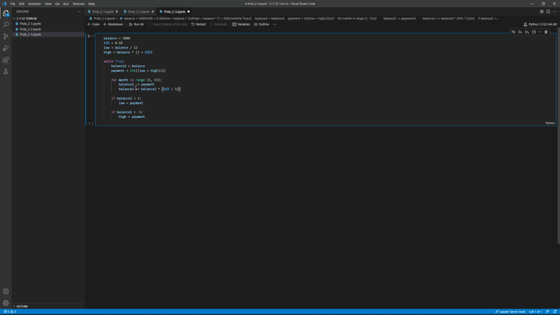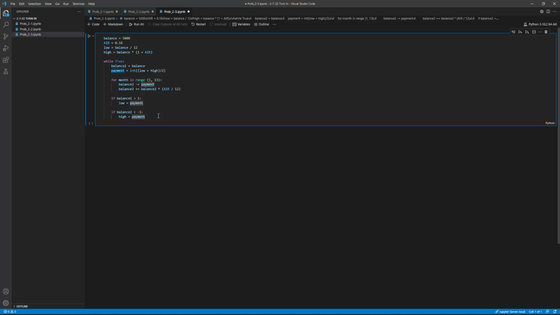So we know that this value is going to be changing from positive to negative quite frequently to find the high and the low. So if it's positive, we know that the payment up here was too little, and we can make that payment the new low. And then if it's negative, that means the payment was way too high, and we can make the high the payment then.